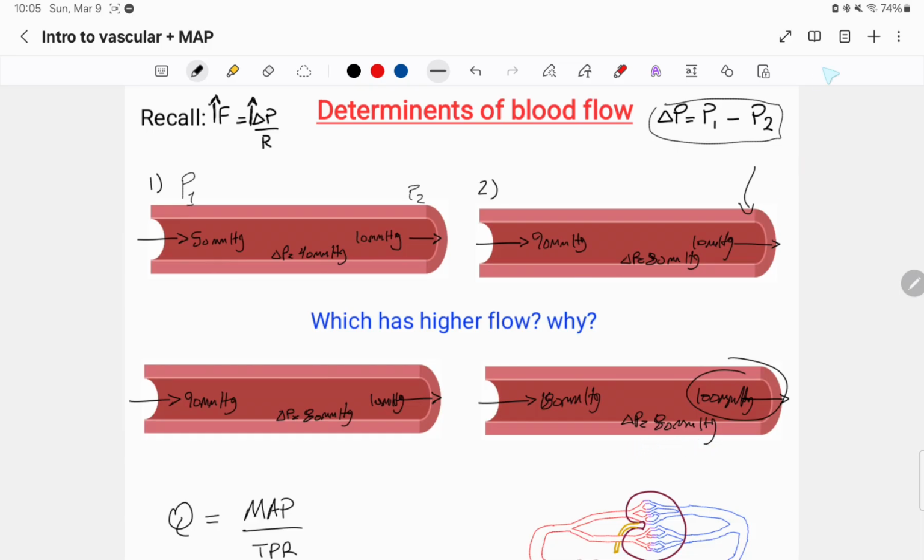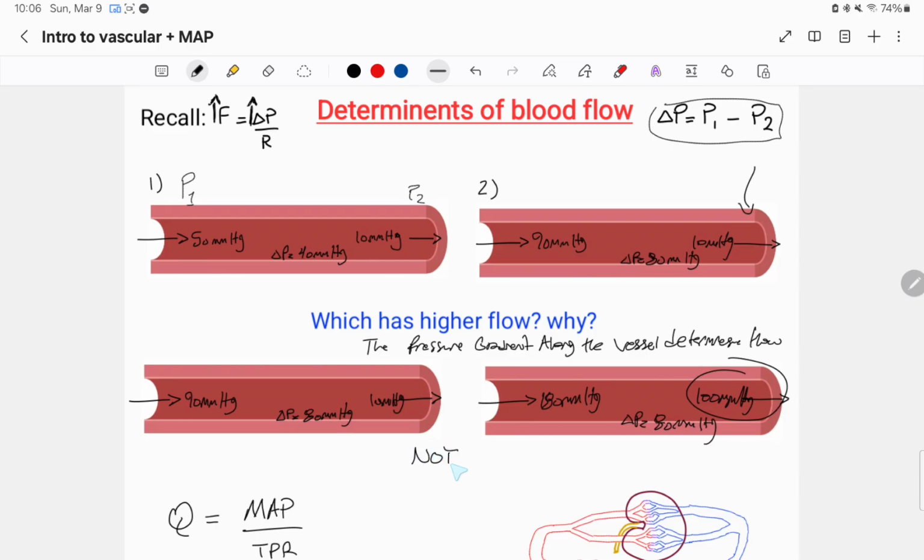This is going to prove something to you. This should tell you that the pressure gradient along the vessel determines flow, not the absolute pressure.